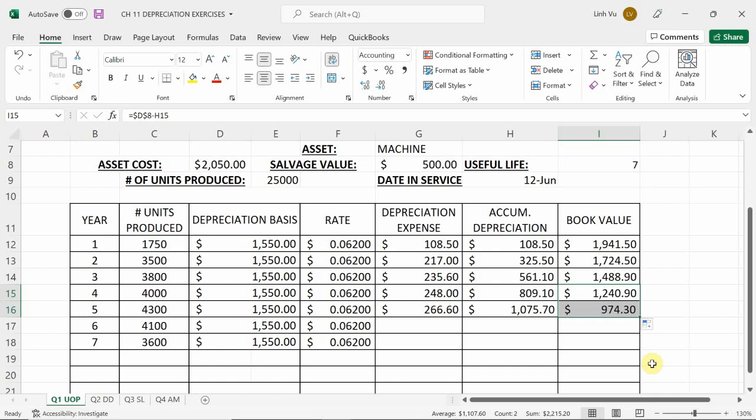Clear your calculator and try it again. 2050.00 minus 1075.70. I got minus 825.7.